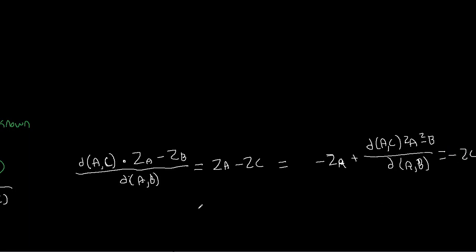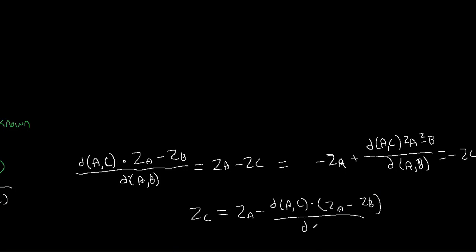So now we just multiply through by negative 1. I'm going to rearrange the equation here. We get ZC, this is the thing we wanted to know, the value at that new point, is going to be equal to ZA minus, because we're distributing the negative, the distance between A and C times ZA minus ZB divided by the distance between A and B. So hopefully this makes sense.